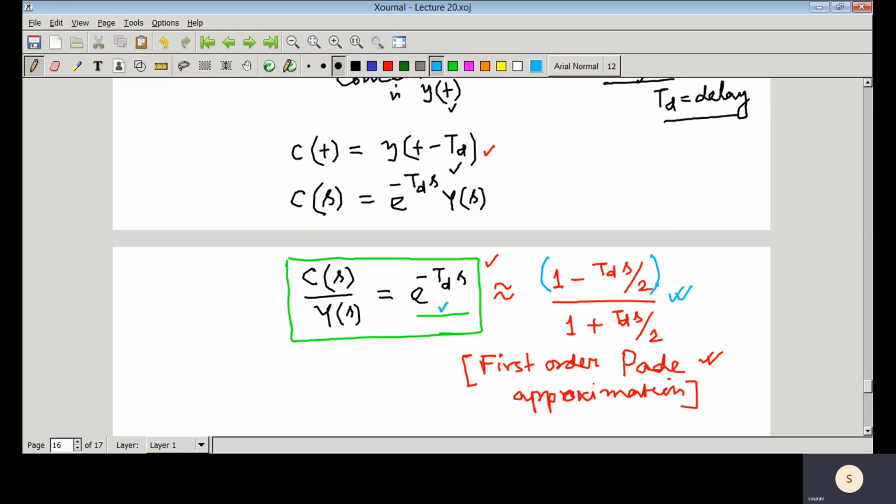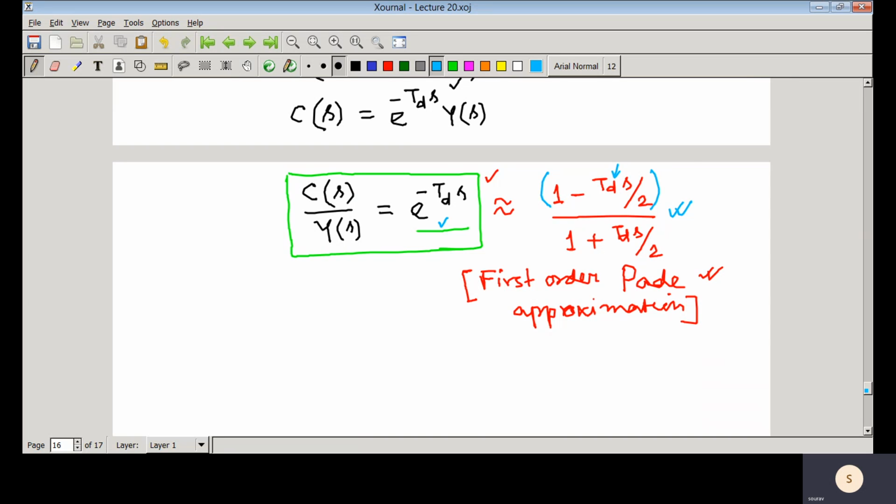The zero is at 2 by Td; you can see it from here, 1 minus Td s by 2, so s would be equal to 2 by Td. So there is a zero on the right half of the s plane. That means if you approximate one transportation lag via first order Pade approximation, that transfer function is a non-minimum phase system that we have discussed now.